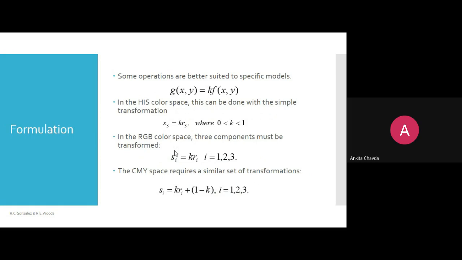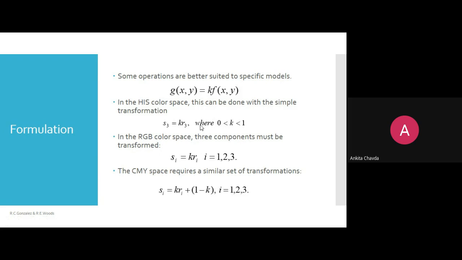Some operations are better suited to specific models. So if you have g of xy is equal to k f of xy in this HSI color space, this can be done with a simple transformation. How? Because H and S you are not changing anything.